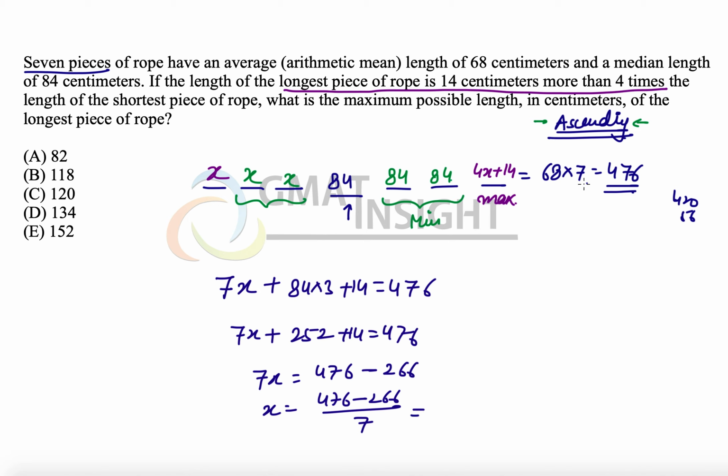We already know 476 divided by 7 is 68. 68 minus 7 3 is 21, 7 8 is 56, so the difference of these two numbers is 30.